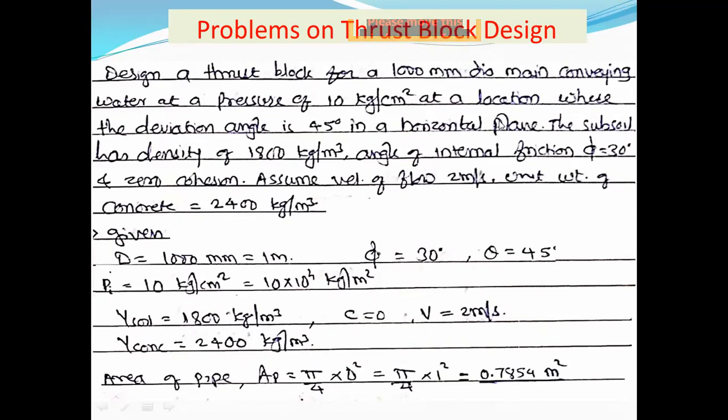The subsoil has density of 1800 kg per meter cube, angle of internal friction phi is equal to 30 degree, and zero cohesion means the value of c is equal to 0.